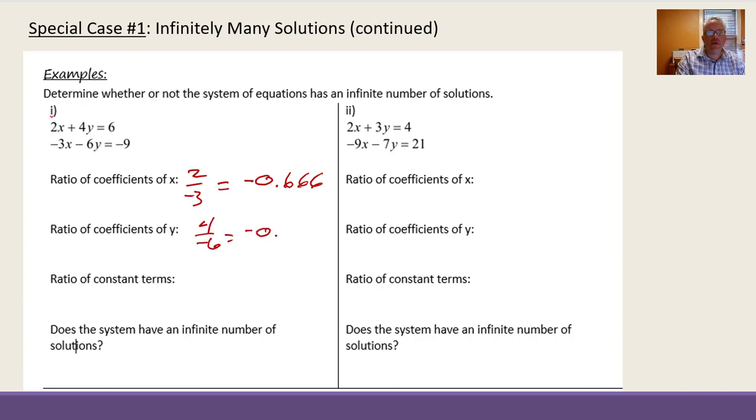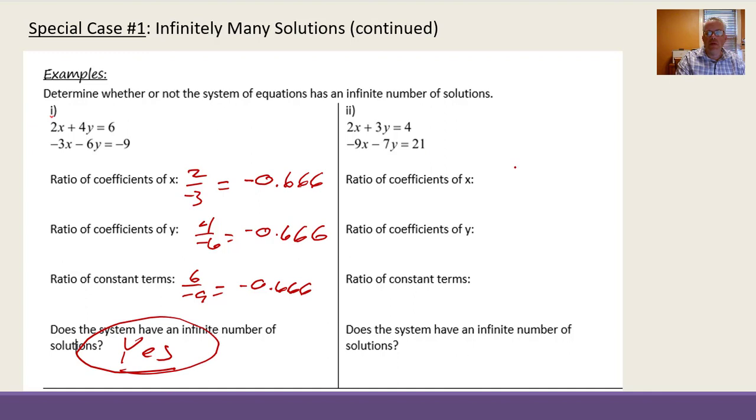And if you use your calculator, you get negative 0.666 again. And the ratio of the constants, 6 over negative 9, is negative 0.666 repeating. These three ratios are the same. One equation is a multiple of the other. So, yes, this has an infinite number of solutions.